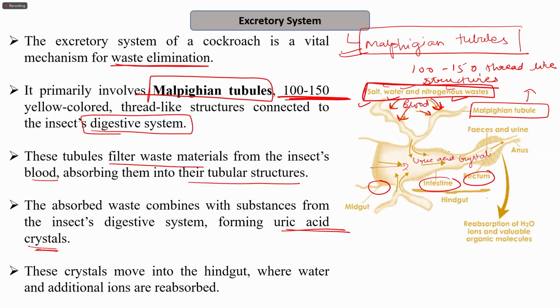These uric acid crystals move into the hindgut, where water and additional ions are reabsorbed. This is important: in the hindgut, absorption of water, ions, and valuable organic molecules takes place, and the waste is eliminated in the form of uric acid.